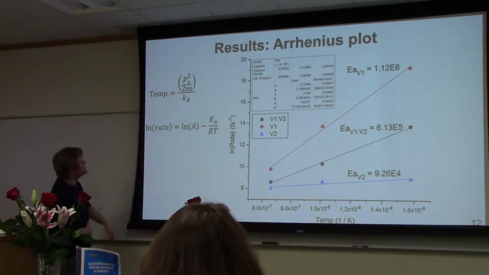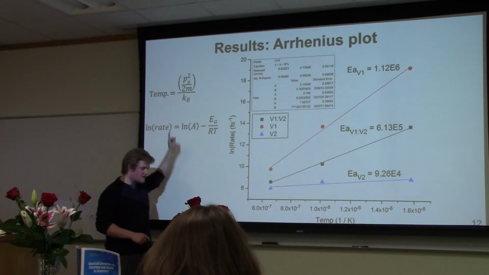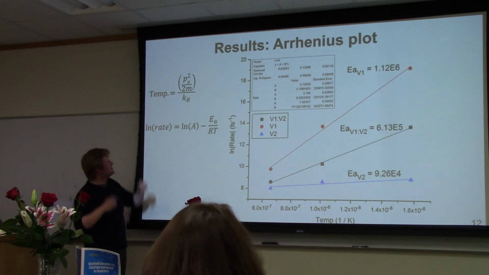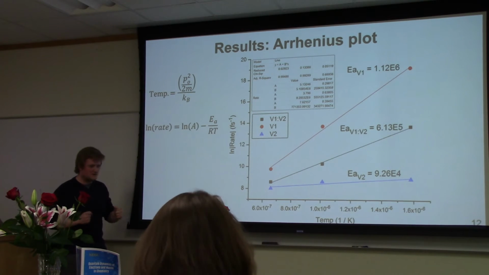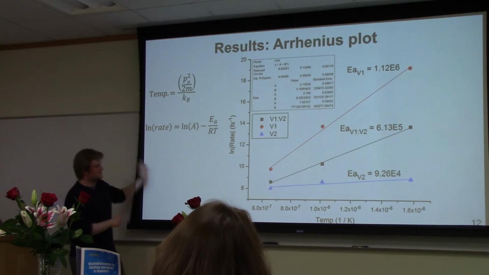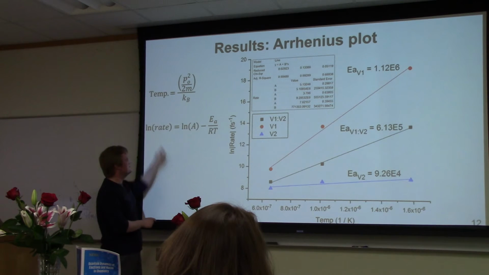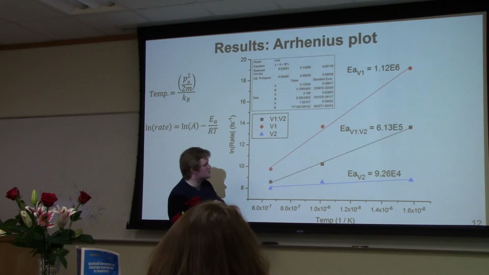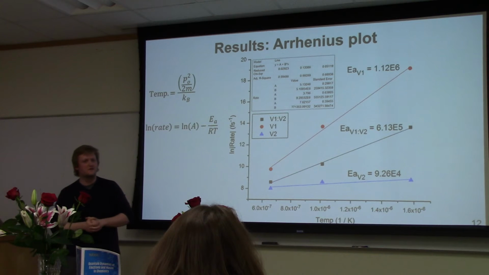Just to get you on the same page, how I correlated temperature with momentum was through the expression p squared over 2m, which is the kinetic energy, and then using the Boltzmann constant, I can get temperature. I did that for every rate that I calculated and fit them to a line. This is the Arrhenius expression I used. However, I just determined my activation energies as the slope and not the negative slope. So I cheated a little bit.